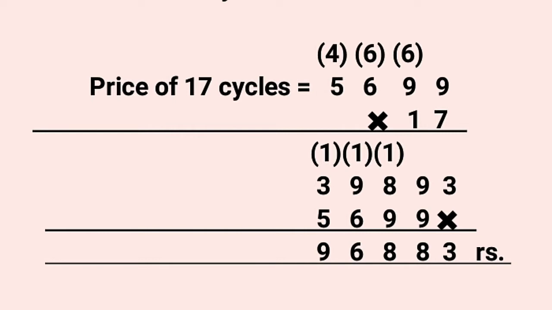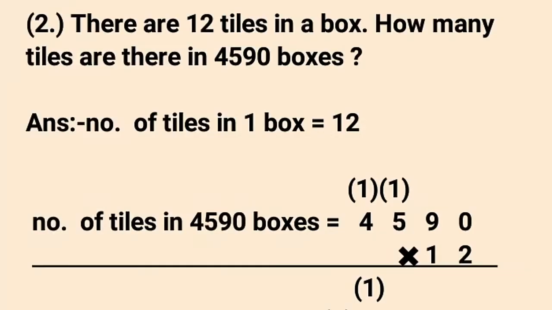So let's add. 3, 9 plus 9 is 18, 1 carried. 1 plus 8 plus 9 is 18, 1 carried. 1 plus 9 plus 6 is 16, 1 carried. 1 plus 3 plus 5 is 9. So the price of 17 cycles is 96,883 rupees.